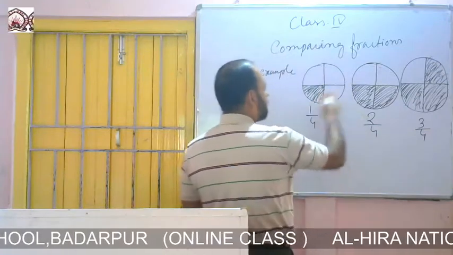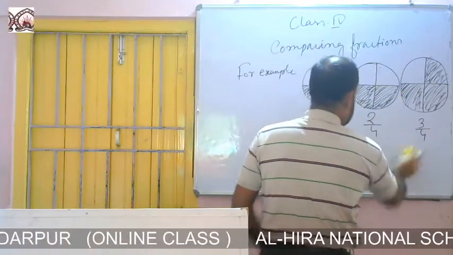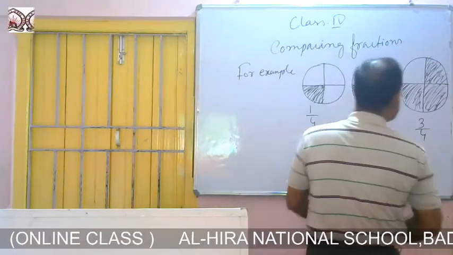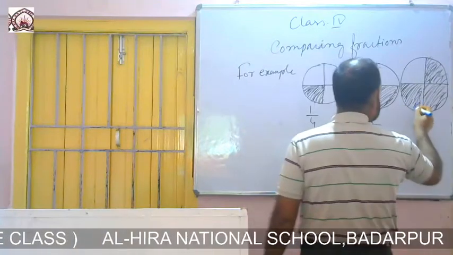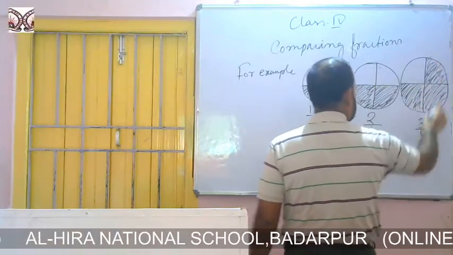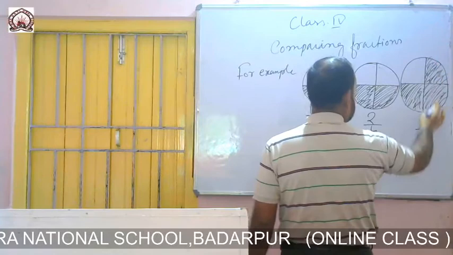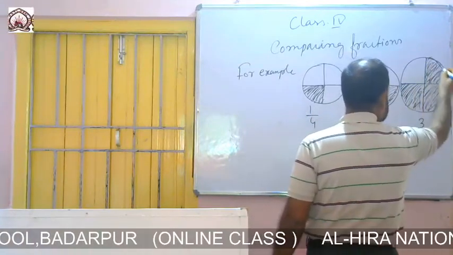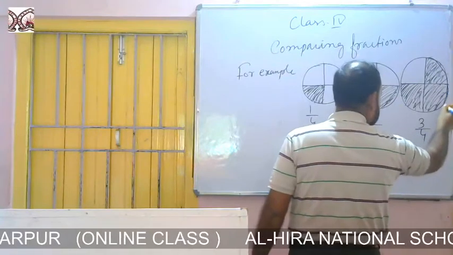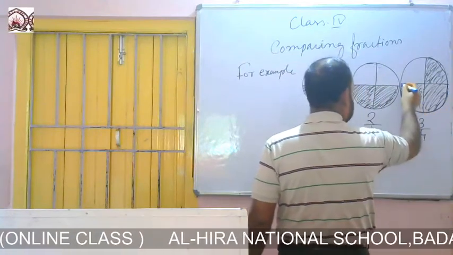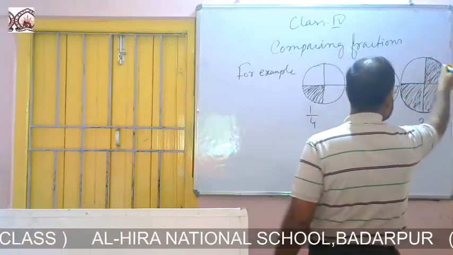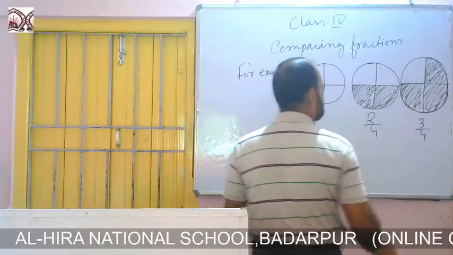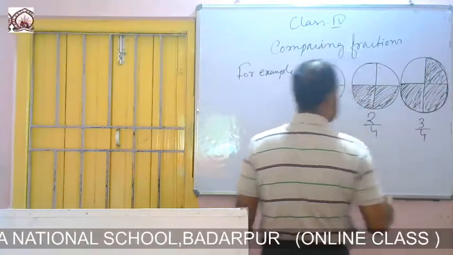So from these examples we can notice that the biggest fraction is 3/4. Up to this much is representing, so this fraction is the greatest fraction.